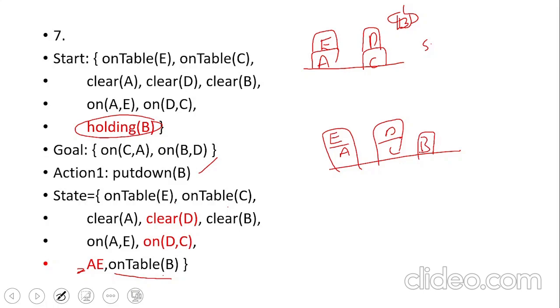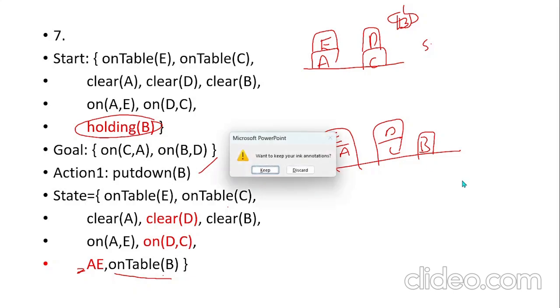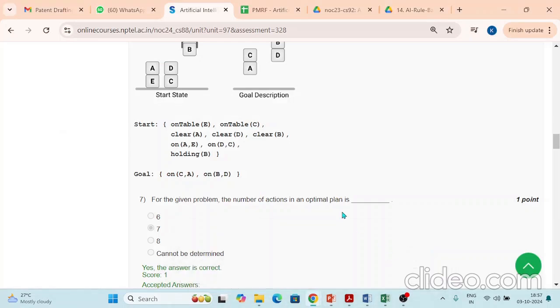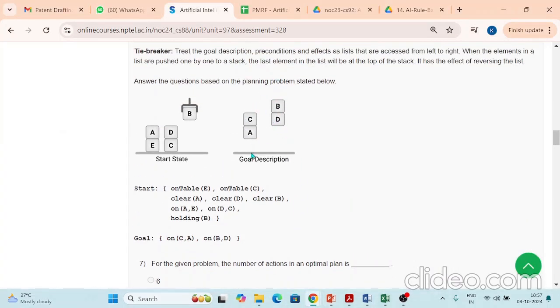Next, what is the goal state we are having? If you remember, our goal state is like this. We won't bother what is there on the downside of A, so we can keep E as it is. E, A, we will keep C here, and we won't bother about what is in place of D and B. D is not on the table, A is not on the table, there will be something.